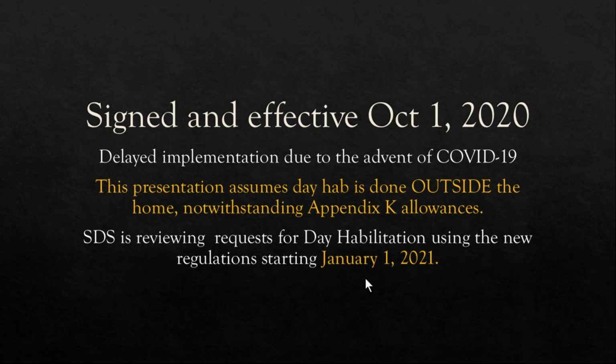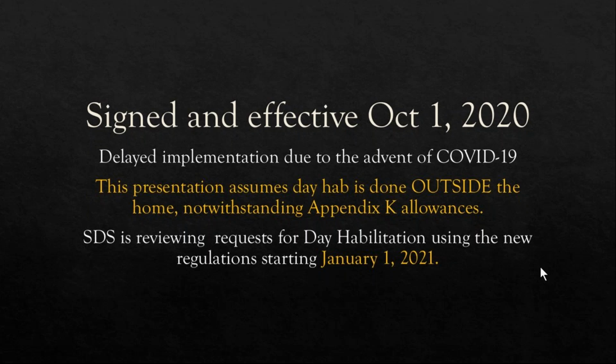So the interesting thing about these regs is that through our proposal and comment and adoption period, we found that our Alaskan citizens and stakeholders wanted to have more specific definitions of DAHAB.